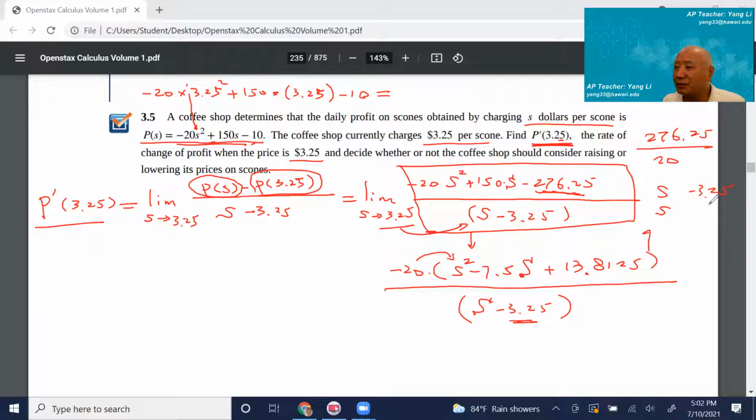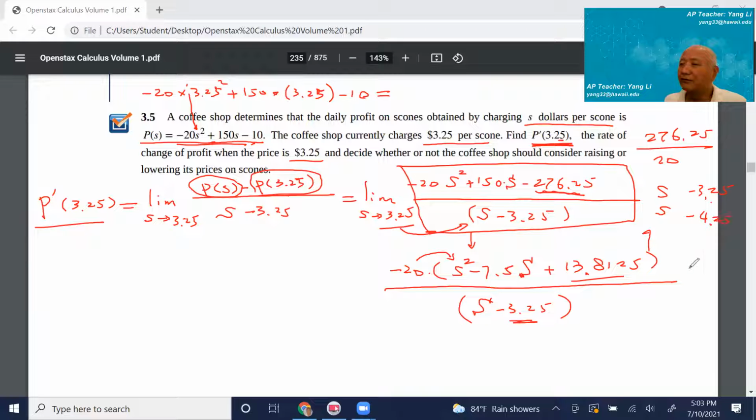Because this one times this number here should be 13.8125. I'm not rounding off, and then we divide it by negative 3.25.